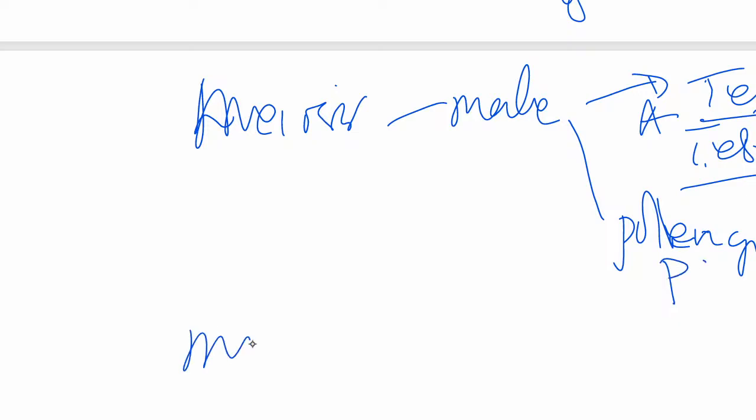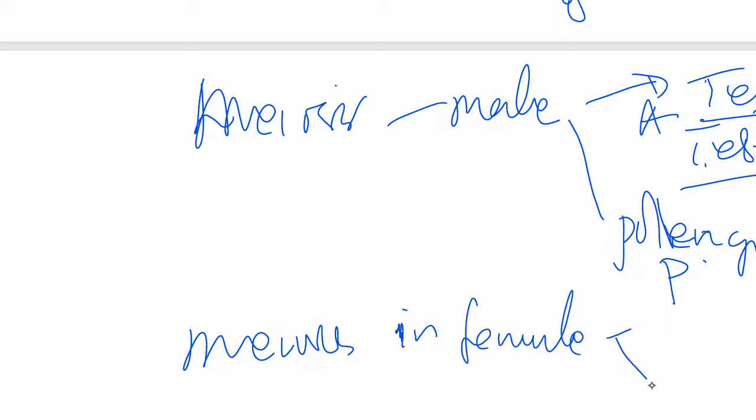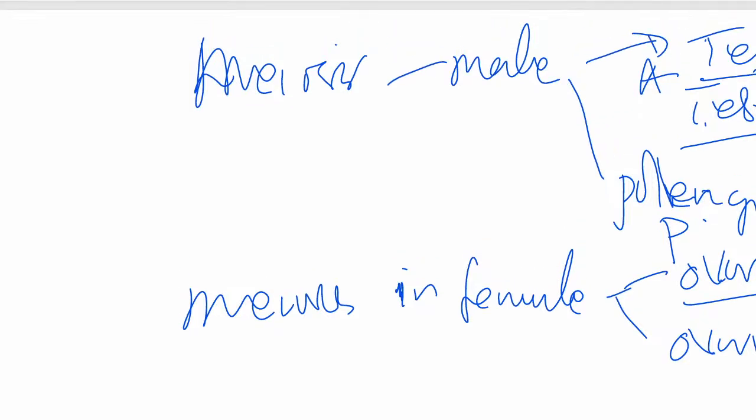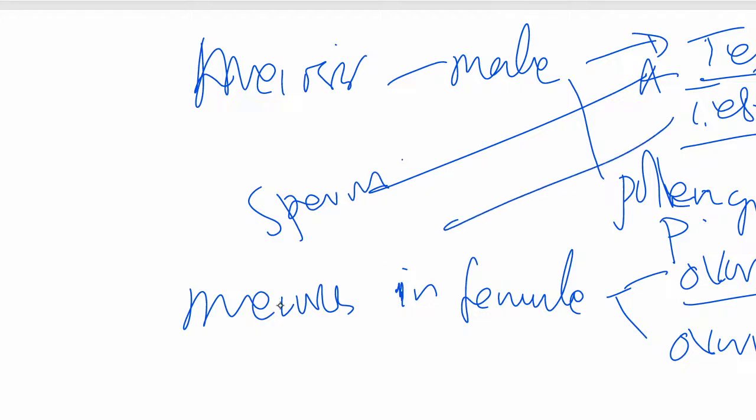And then meiosis in female, you find it in the ovaries in animals and ovaries in plants. So if you look at the plants and the animals, animals will produce sperms, while plants will produce pollen grains.